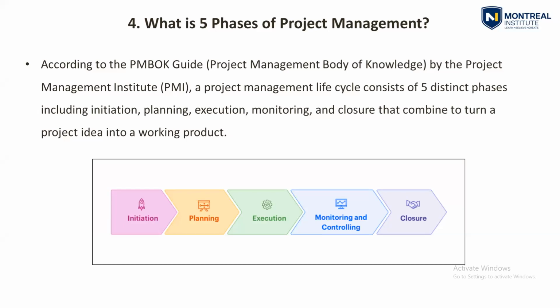When the execution phase starts, the monitoring and controlling phase also starts parallelly, because when you are executing, there will be someone to monitor and control the project. So after these four phases, the fifth one will be your closeout or closure phase.